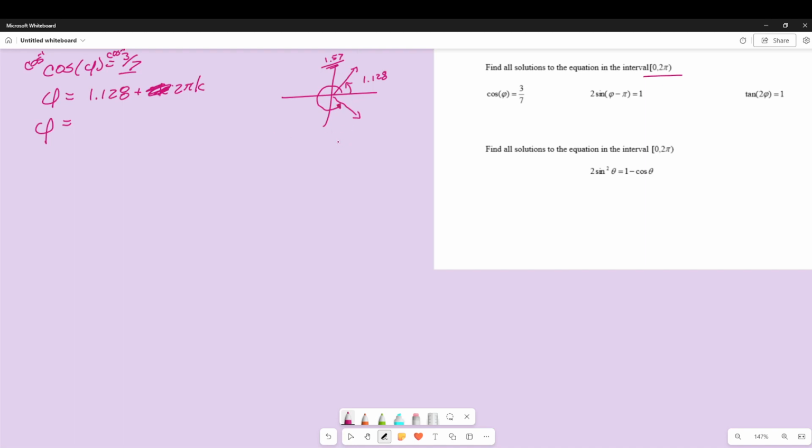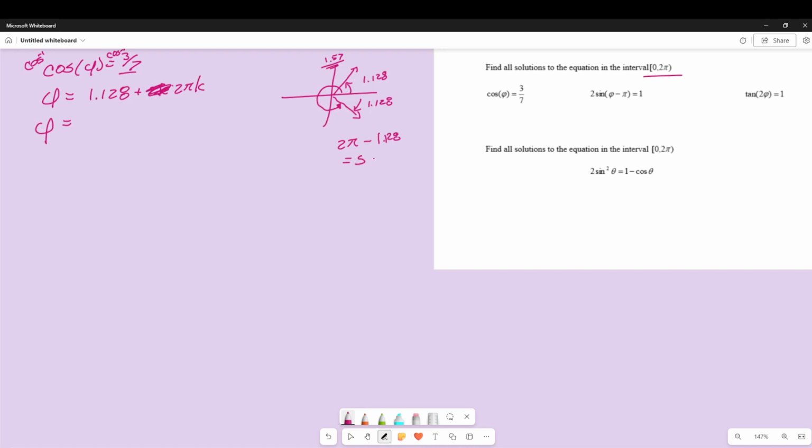Since we know a full rotation is 2 pi, we can subtract the reference angle, 1.128, to get that secondary answer. So 2 pi minus, using the more precise answer from last time, gives 5.155.